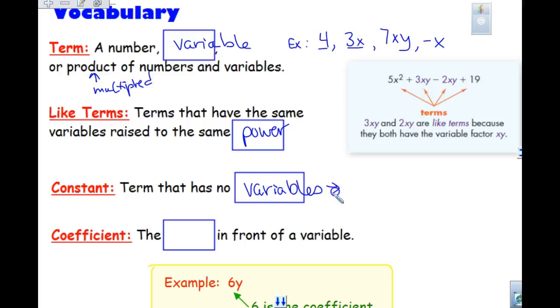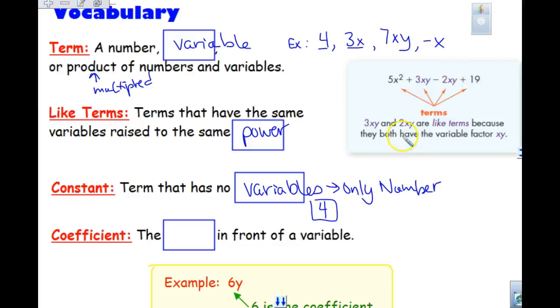The constant is only numbers. So what's the constant term up here? The constant would be 4, right? From up above, this would be our constant. 19 would also be a constant. It is simply a number, no variable.